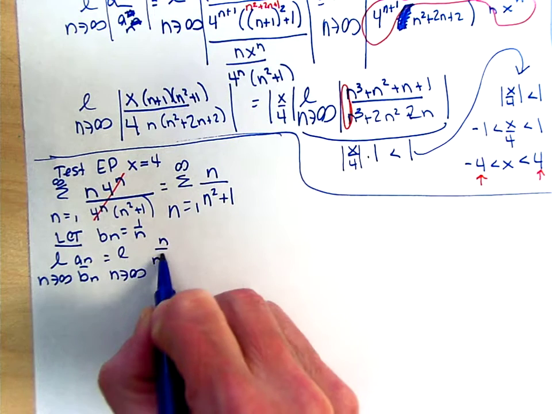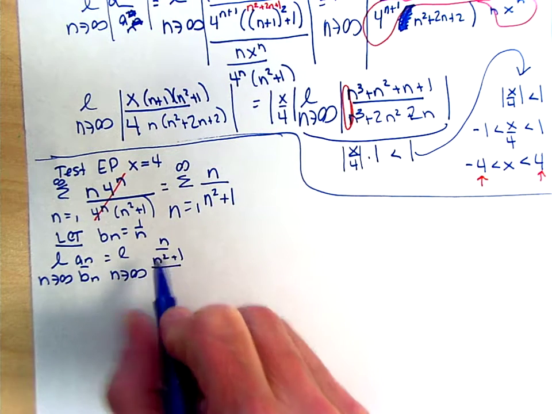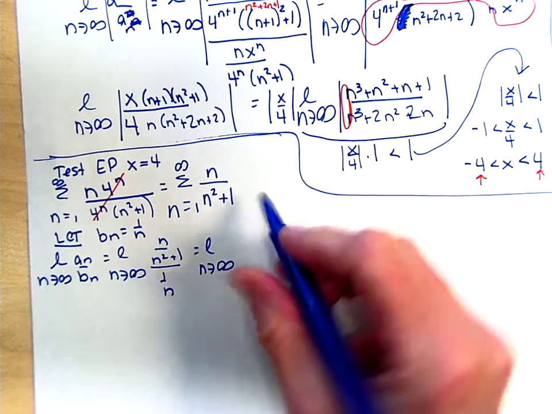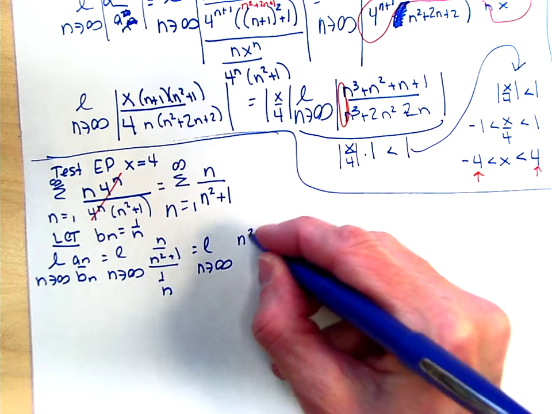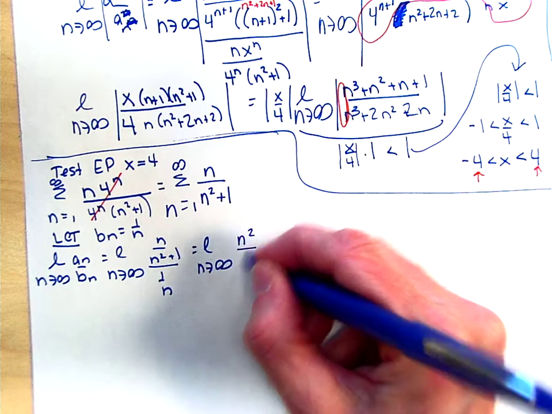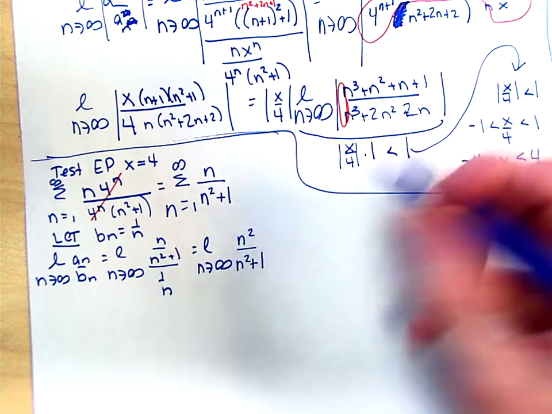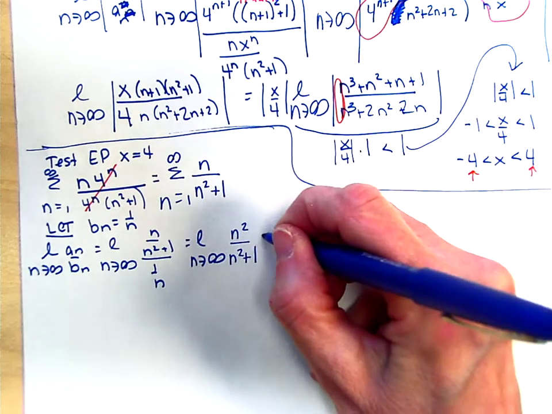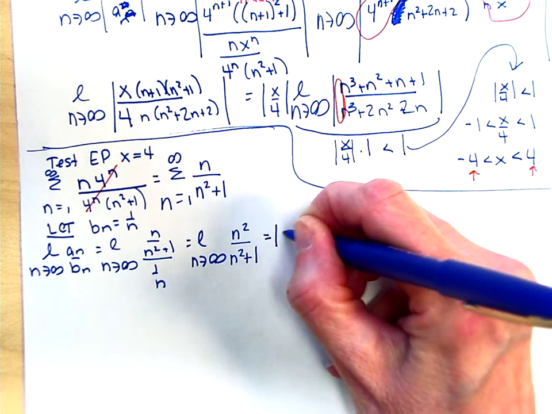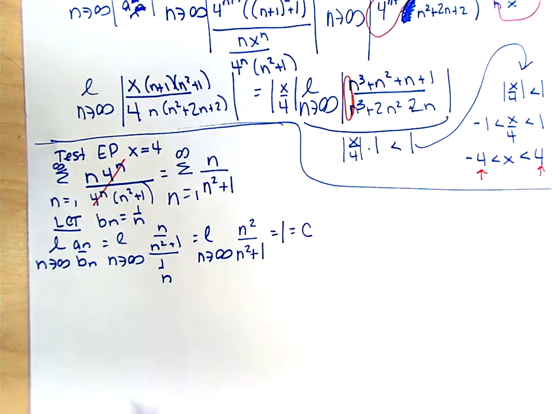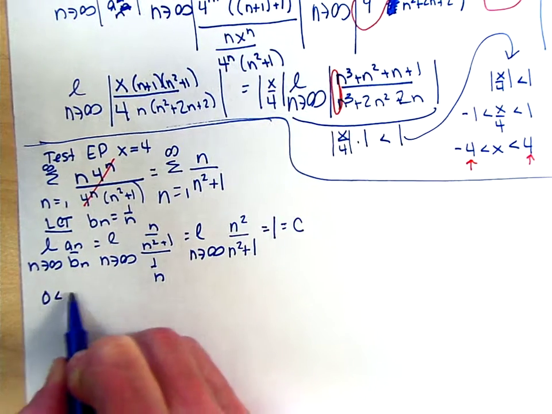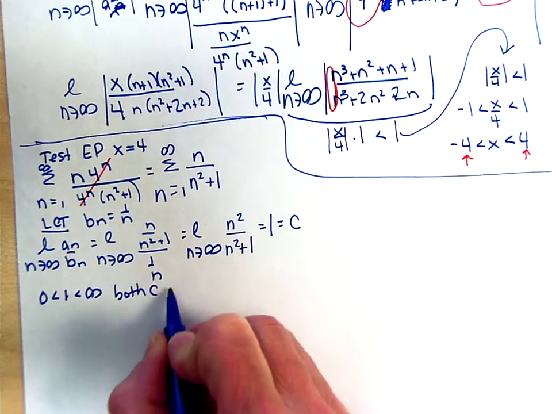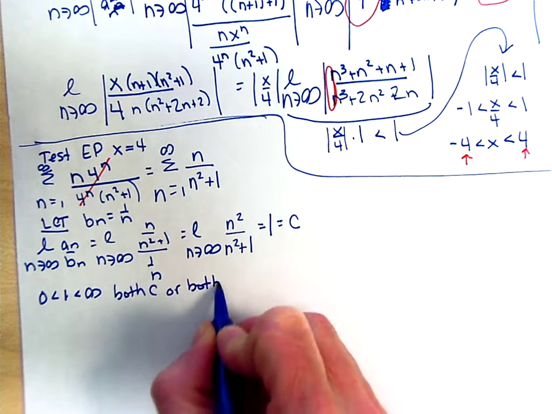So I get n over n squared plus 1 all over 1 over n. Flip the guy, and this becomes n squared over n squared plus 1. The powers are the same, so I can take the ratio of the coefficients. This is 1. This is our C. If you remember from LCT, as long as that number is between 0 and infinity, either both converge or both diverge.